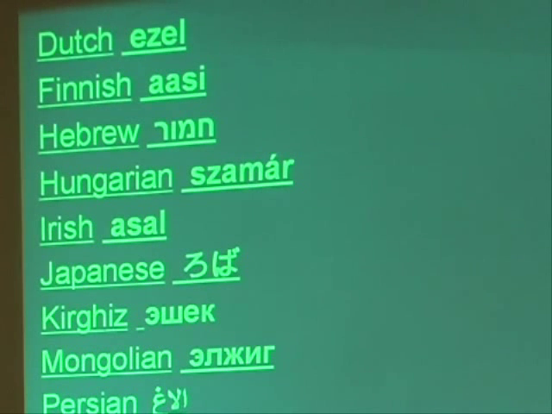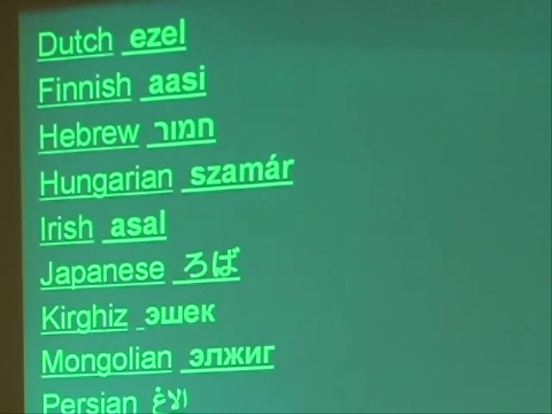Anybody know how you say donkey in Farsi? Aton. You didn't hear that one, no? There are various words in Farsi, but this one is the more common one, that's why I put it in. Okay.